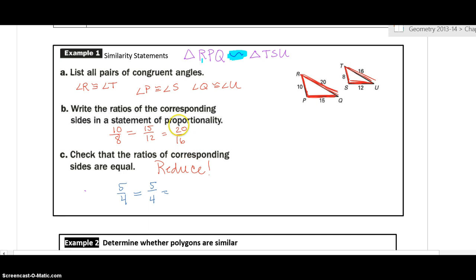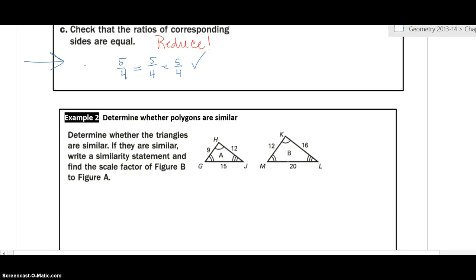And in the third one, we can reduce by 4, and we get 5 over 4. And we can see that all three of those ratios are equal. So we know for sure, we have just verified that those triangles are similar. So angles are congruent, sides are proportional.